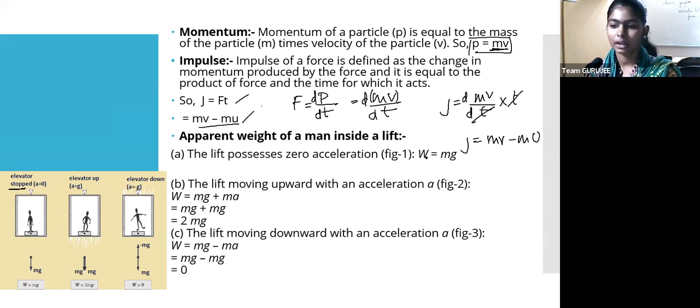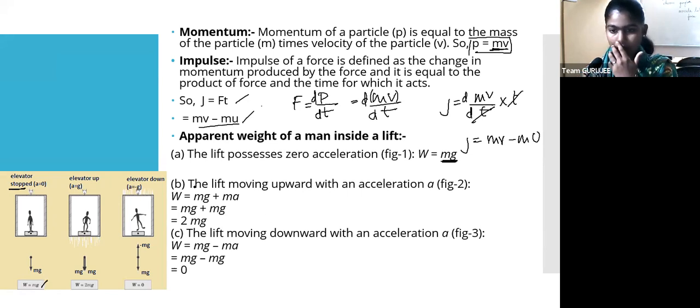So the force according to your weight will be just mass into acceleration due to gravity. That mg alone will be there on this body, the rest of the parameters won't work. So your elevator will have just the weight of mg alone.